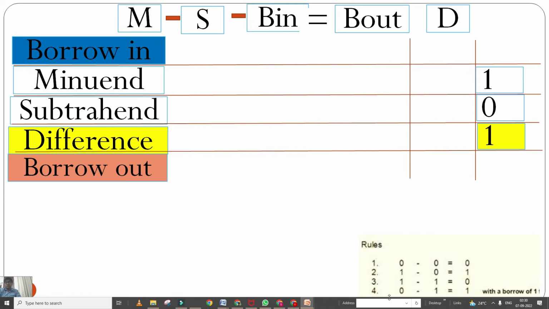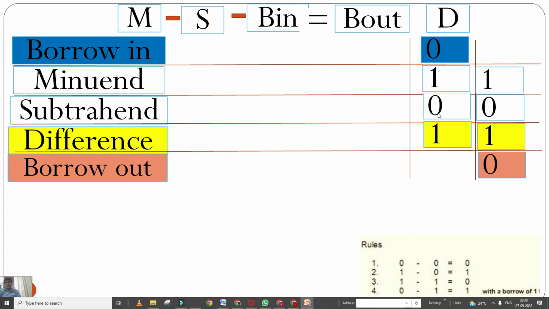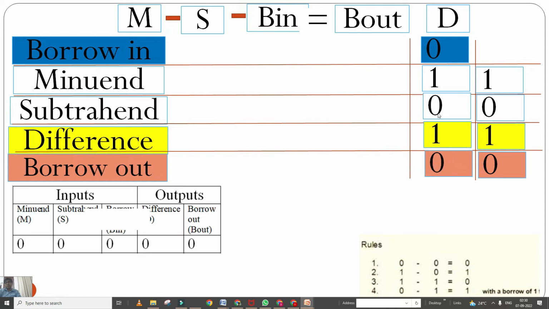So 1 0, obviously 1 minus 0, the difference is 1 without any borrow. Now if the previous borrow in equals 0, then 1 minus 0 minus 0, obviously the difference is 1 and the borrow out is 0.